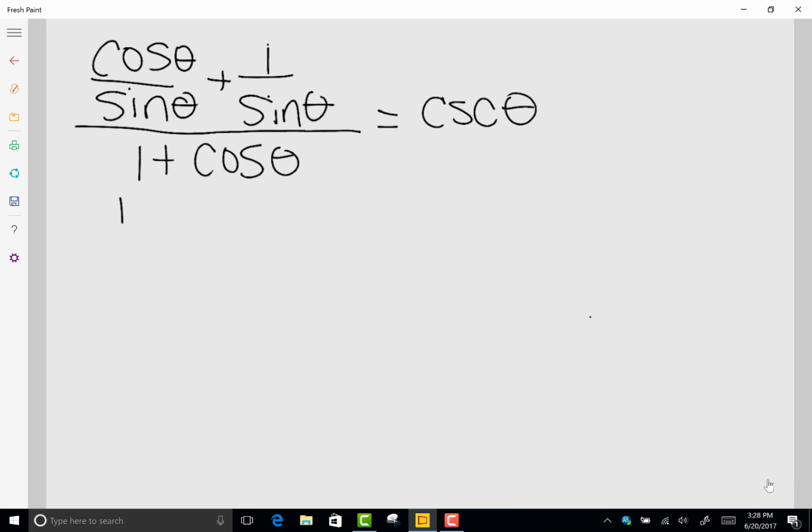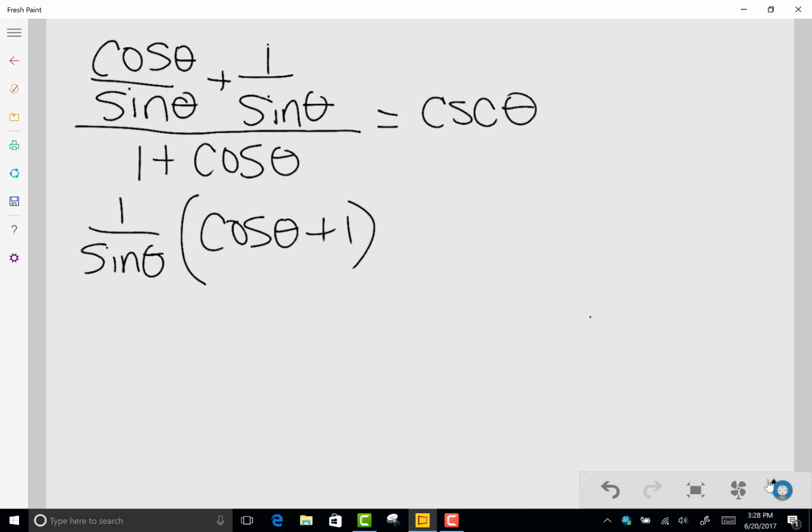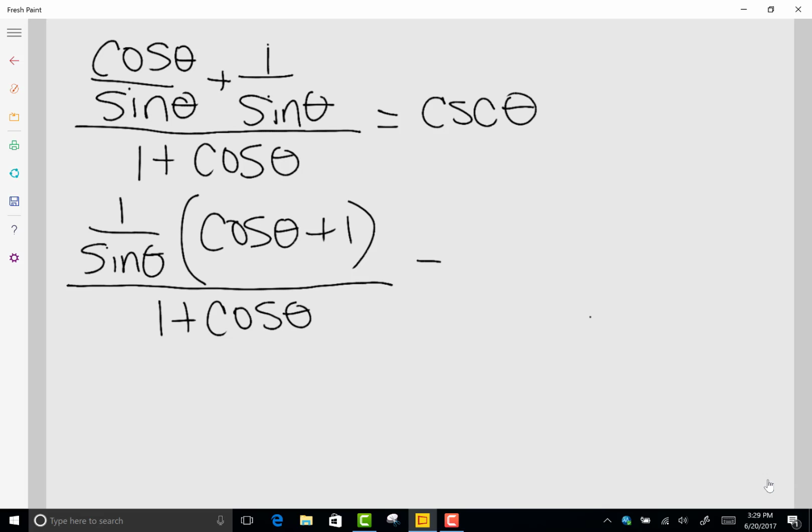I'm going to factor that out. So that leaves me with cosine theta plus 1. So I'm going to pull out the 1 over sine theta, and then I still have this all over 1 plus cosine theta. And I'm trying to show that that equals cosecant theta.